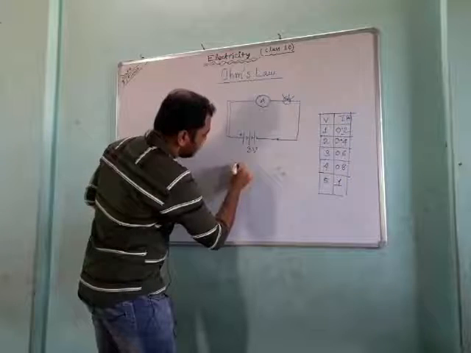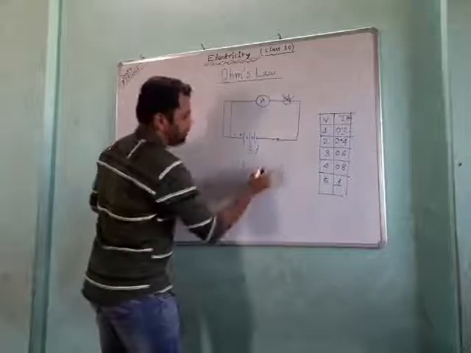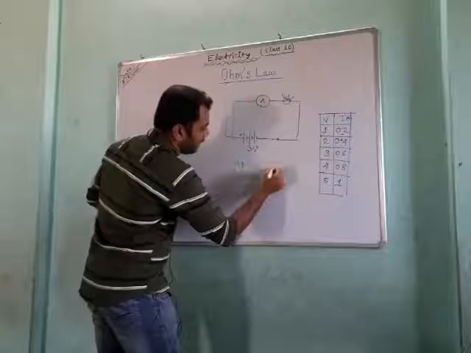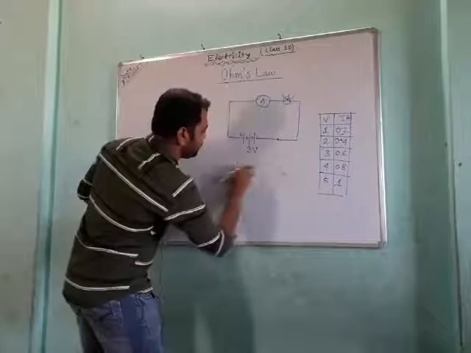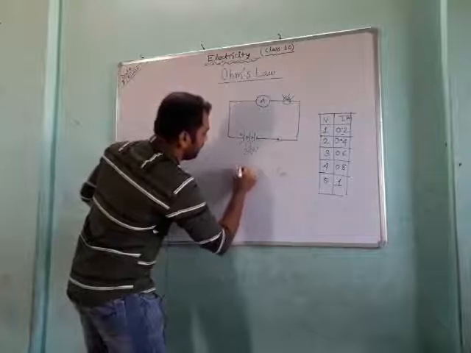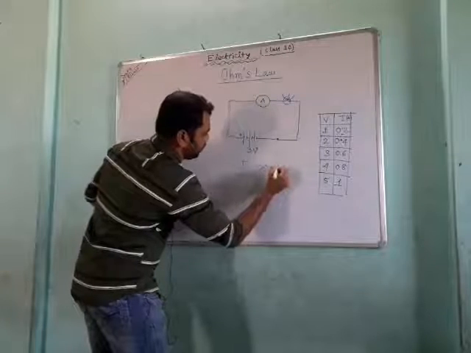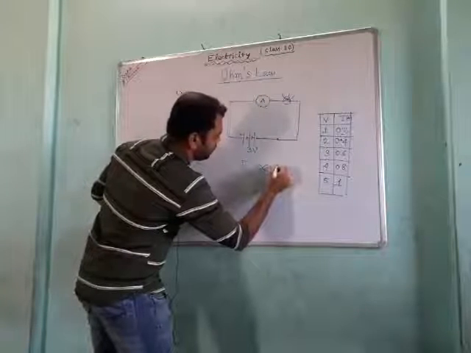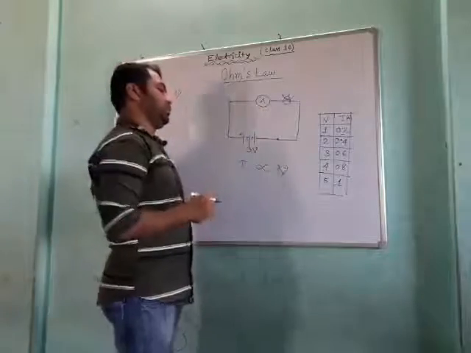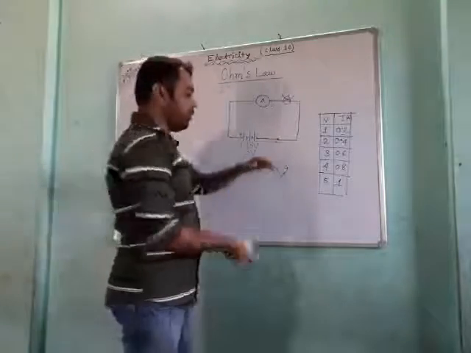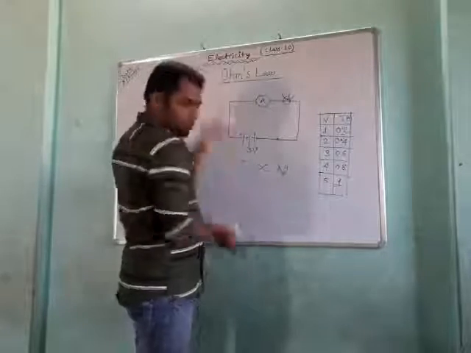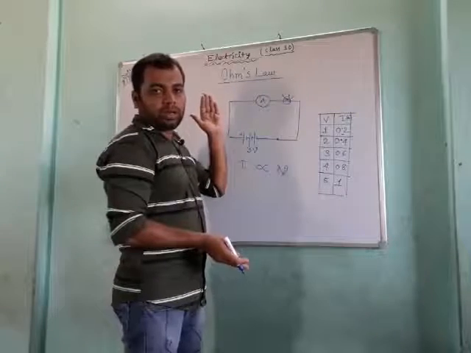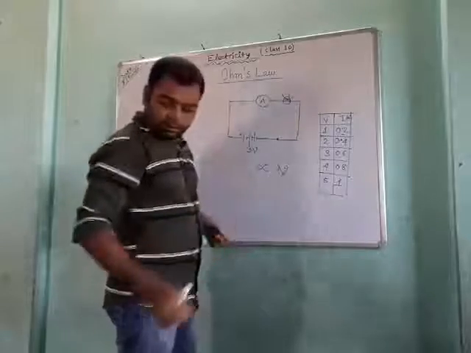Ohm is saying that I is proportional to V. So if we increase the value of V, we will get the current increased.